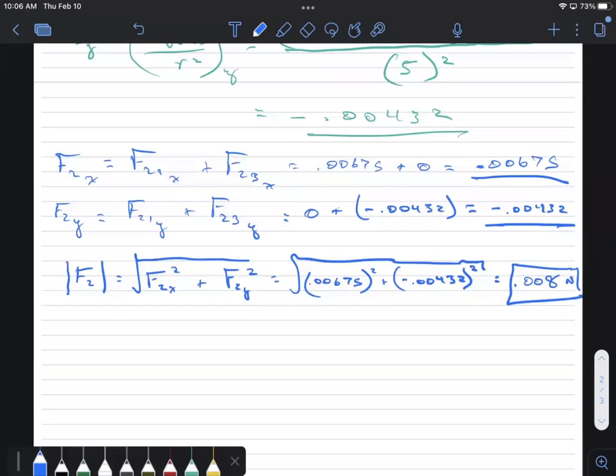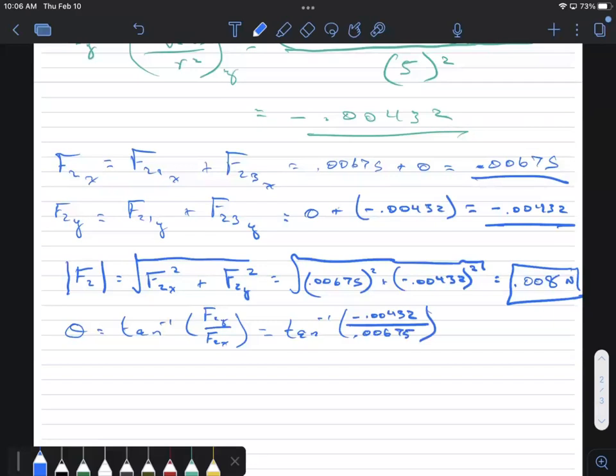Well, we know vectors, theta, the direction, is given by the inverse tangent of the y piece divided by the x piece. Okay, well, that's easy. Inverse tangent of the y part, which is minus 0.00432, over the x part, which is 0.00675.